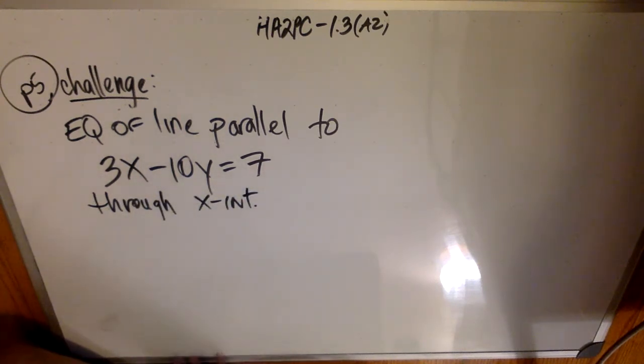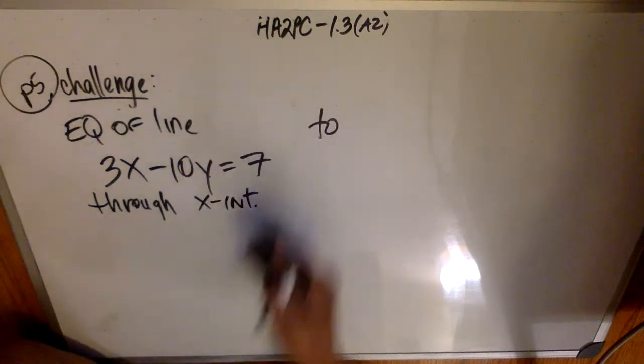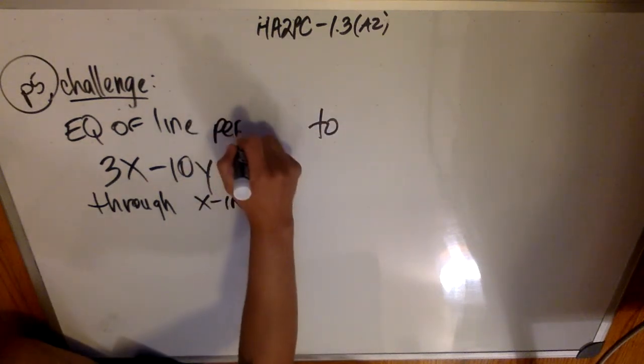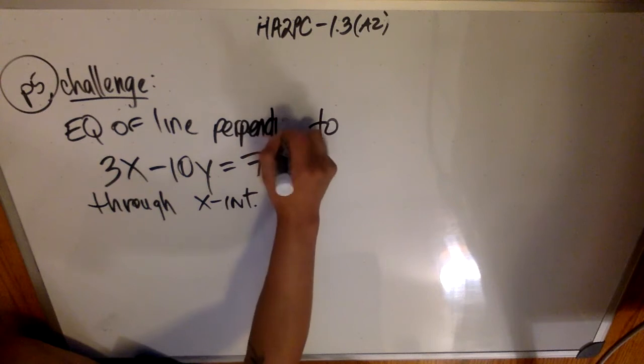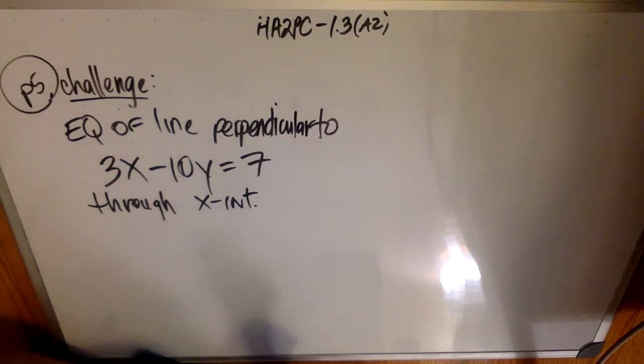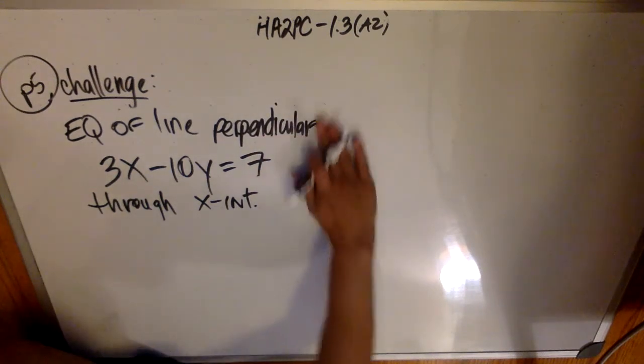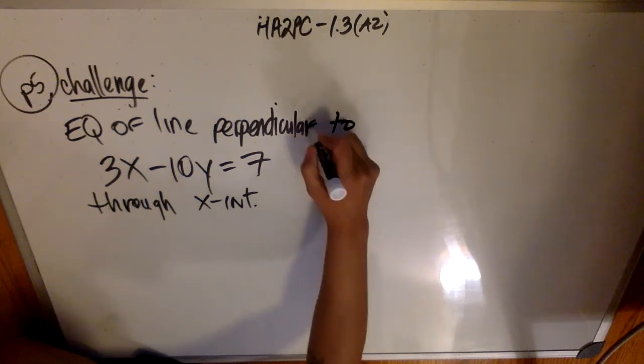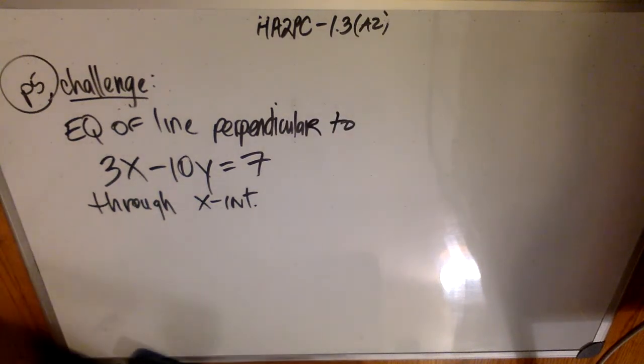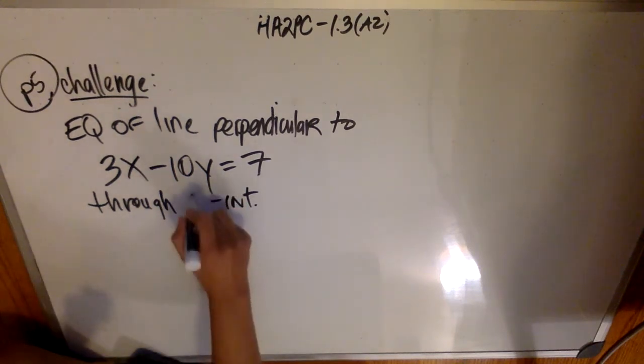Oh, that won't work. They can't have the same, sorry, I take it back, not parallel. Perpendicular. If two lines are parallel and had the same x-intercept, they would be the same line. So, my bad. Okay, so perpendicular to 3x minus 10y through the, actually, let's do the y-intercept this time.